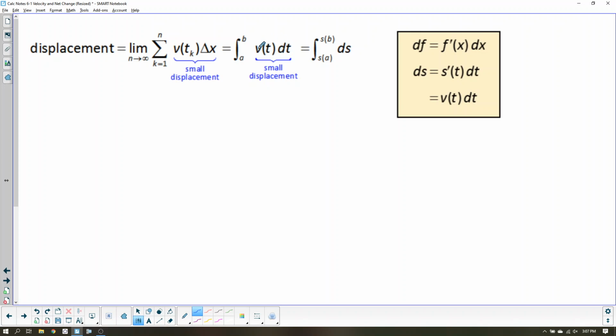And if we take a closer look at this expression, we know that v of t is really the derivative of position. So this differential form could actually be written as s prime of t times dt. Right? This is the same as this thing here. And if we recall just the definition of how differentials work, this is actually the same as writing ds.